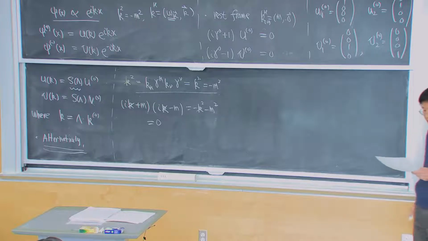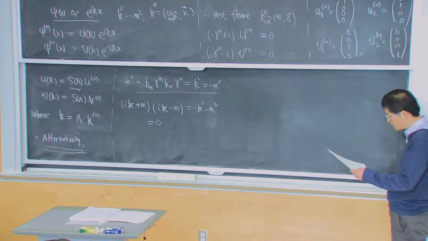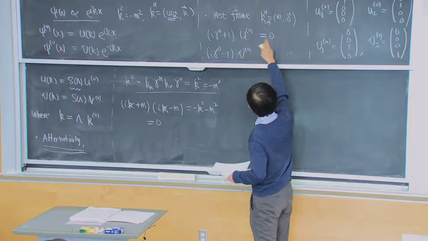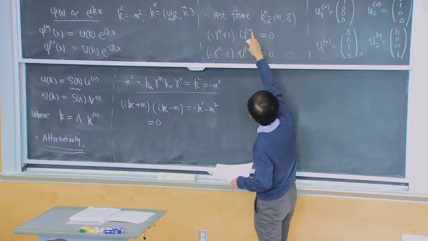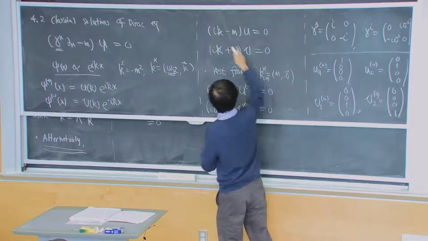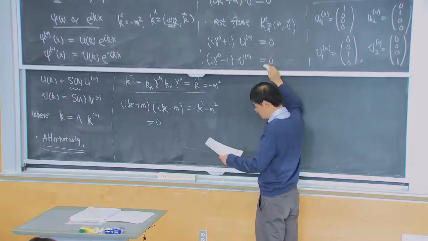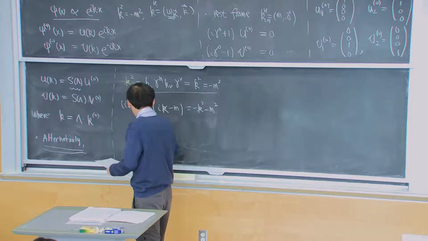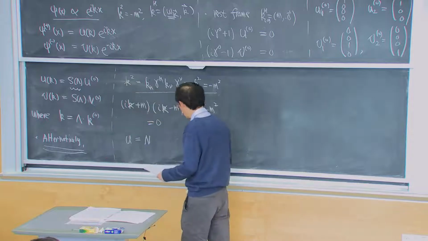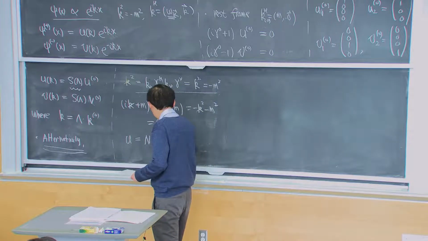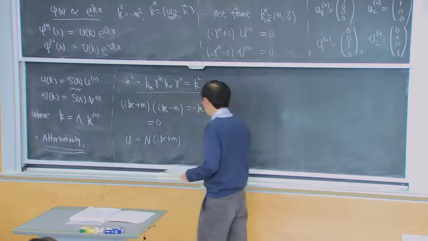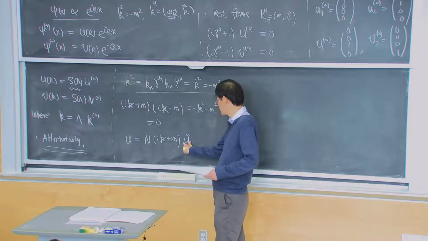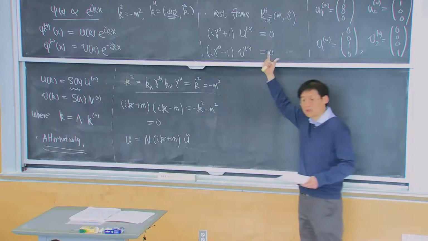Now we can immediately observe that to solve that equation, we can just write u as some normalization constant N times (ik-slash plus m) acting on some arbitrary spinor u-tilde, and then that equation is automatically satisfied.